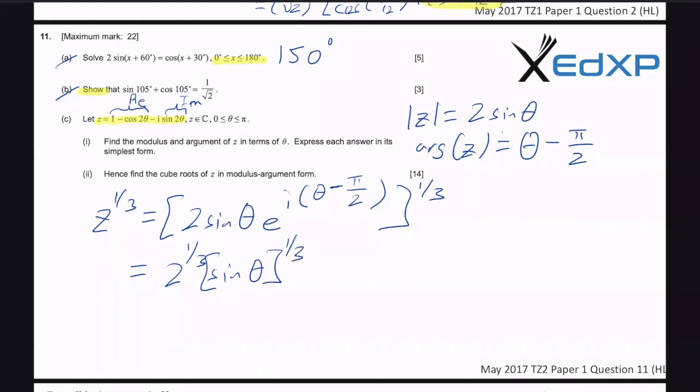We have to put it in exact form, because there's no way we can find the exact values without a GDC. So this will be e to the i, the argument here will be theta minus pi over 2 plus 2k pi, solving for roots, and divide by 3. We multiply 1/3 to the argument when we use De Moivre's theorem. So this will be the final answer.